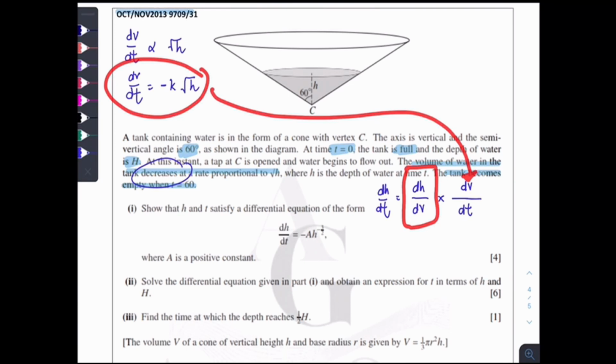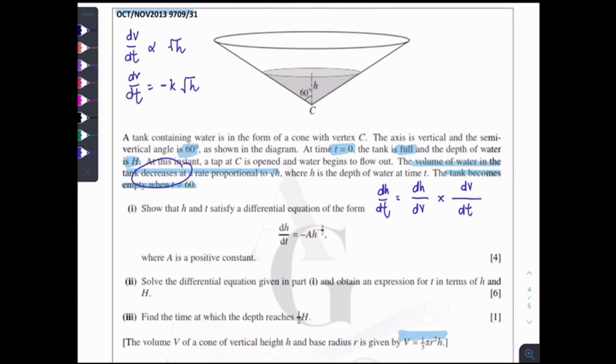In the question given here, the volume is equal to 1/3 pi r squared h. We are supposed to differentiate this volume with respect to h, dV/dh, to get the dh/dV. But the problem is what we are having now, there are two variables. So we got to get rid of the r by using the triangle. Let's form a right angle triangle here, and here 60 degrees.